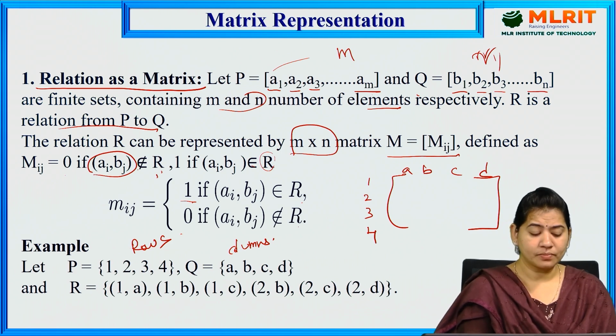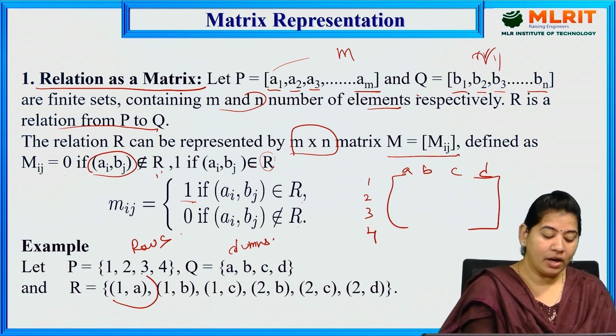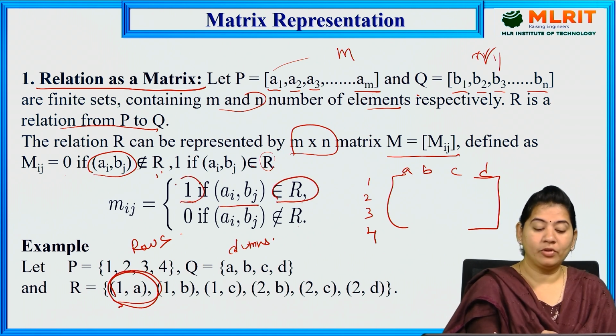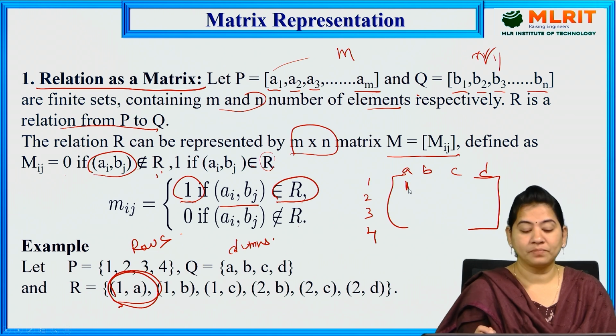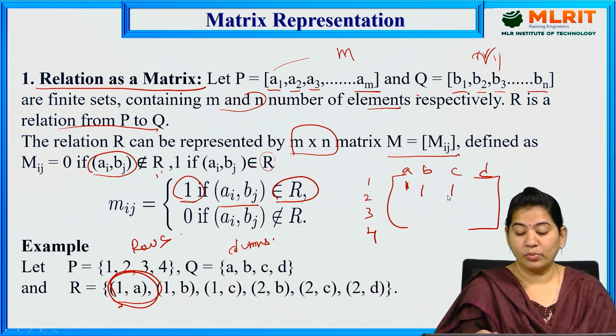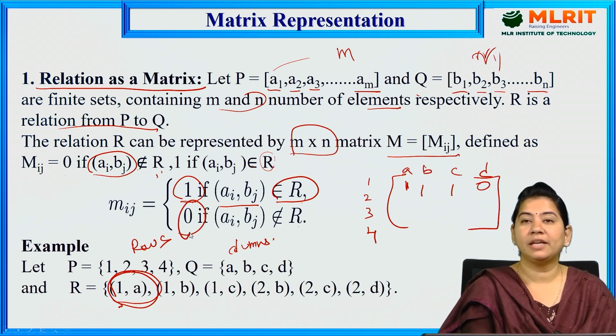Just observe here. In the relation we have 1A. As the ordered pair (ai, bj) belongs to the relation, 1A is belonging to the relation, so you have to consider it as 1. And 1B is also 1, 1C is also 1. And as 1D is not there, it does not belong to the relation, that's why we consider it as 0.